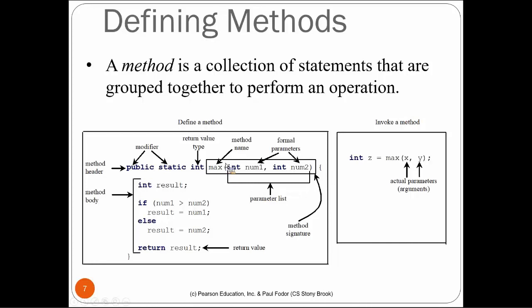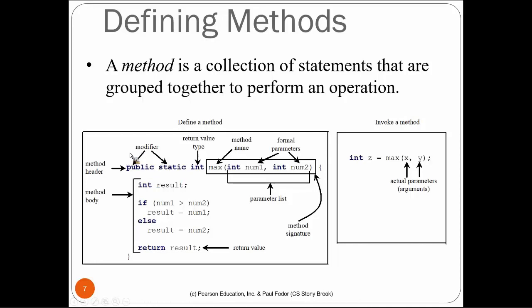Now, the method name together with the formal parameters, the parameterized list of arguments to this method, is called the signature of the method. The signature of the method is also preceded by the return type, which is the type of the values that we return, and other modifiers.